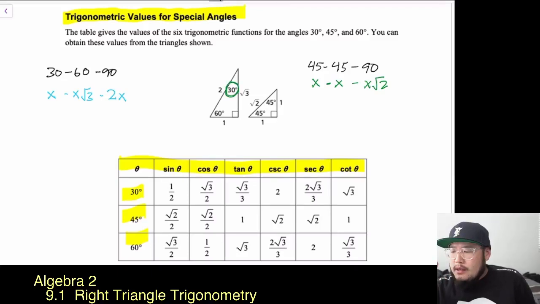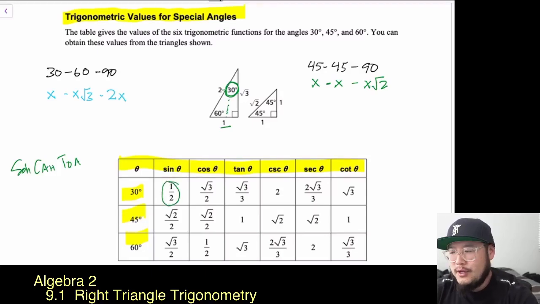And for sine, remember SOHCAHTOA, it's opposite, and that would end up being the 1. Oh, sorry, it's opposite over hypotenuse. So we got ourselves 1 over 2. That's why right here it's 1 over 2.